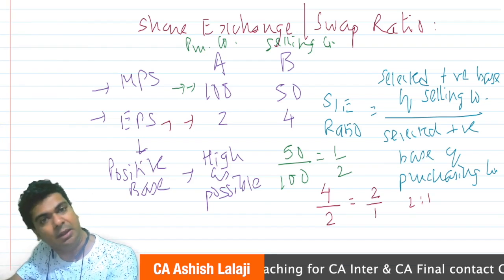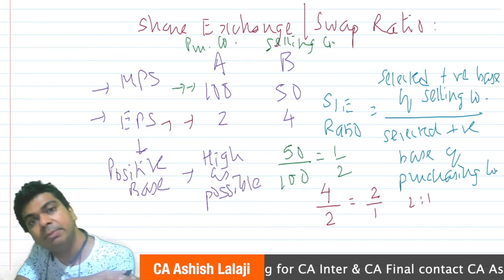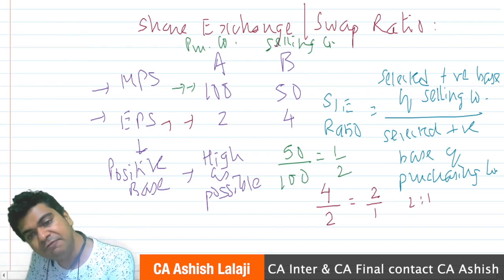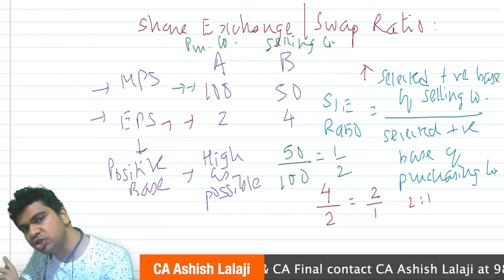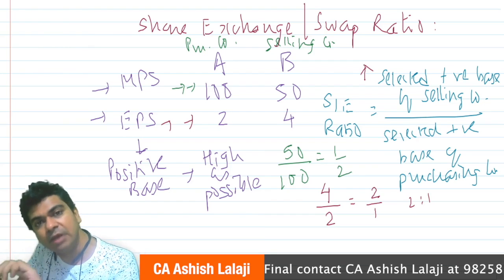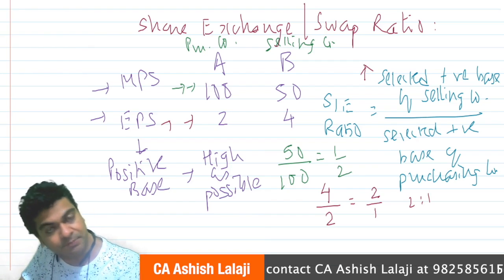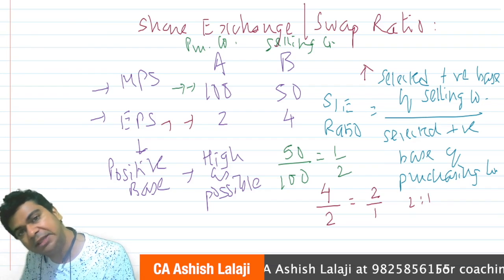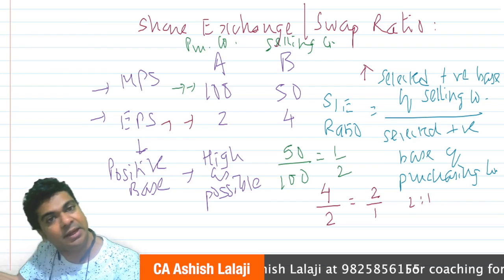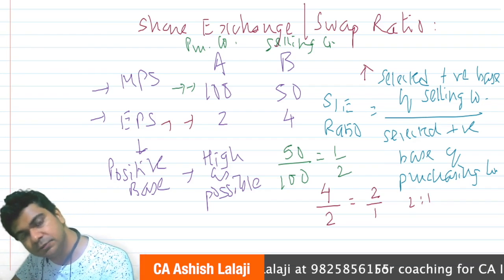This is the reason the positive base of the selling company will be in the numerator. If the positive base of the selling company is higher compared to the purchasing company, I will have to give more number of shares. And if the positive base of the selling company is lower than that of the purchasing company, I will give lesser number of shares.